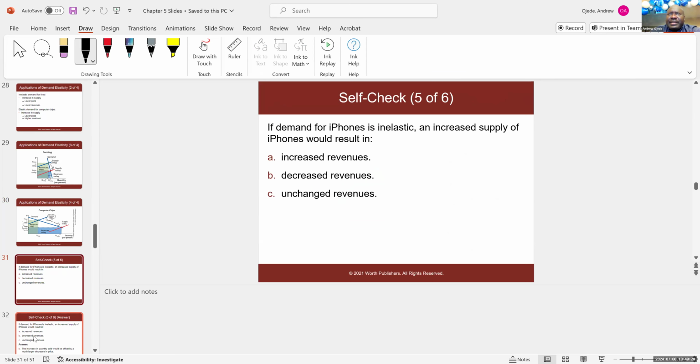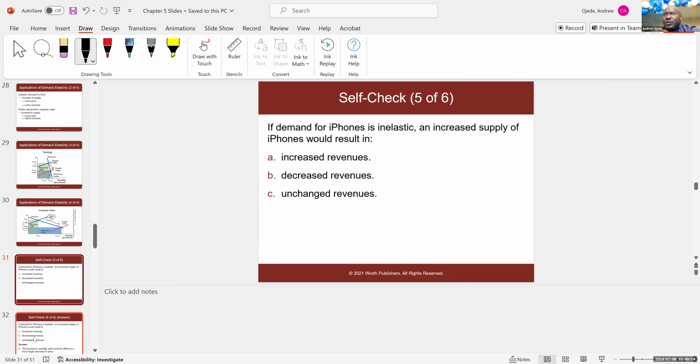You can self-check your understanding here. What if the demand for iPhone is inelastic? That means an increased supply of iPhones will result in what? We already talked about that. If the demand for iPhone is inelastic, that is similar to food. If you increase the supply of iPhones, the price of iPhones is going to fall.